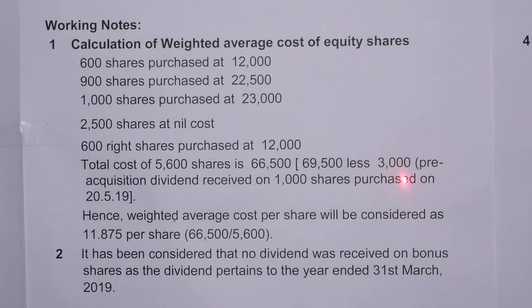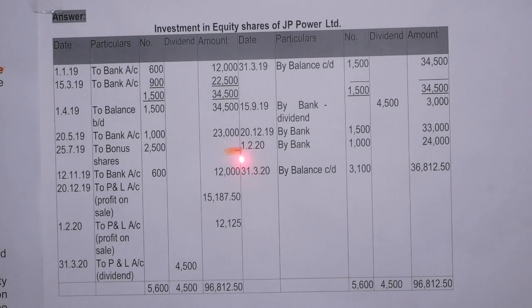Why we are deducting 3000? Because it is pre-dividend and pre-dividend is treated as a recovery of cost of share. So that's why we are deducting. So after deducting we get 66,500. So weighted average cost per share will be considered as 66,500 divided 5,600 is equal to 11.875 per share.